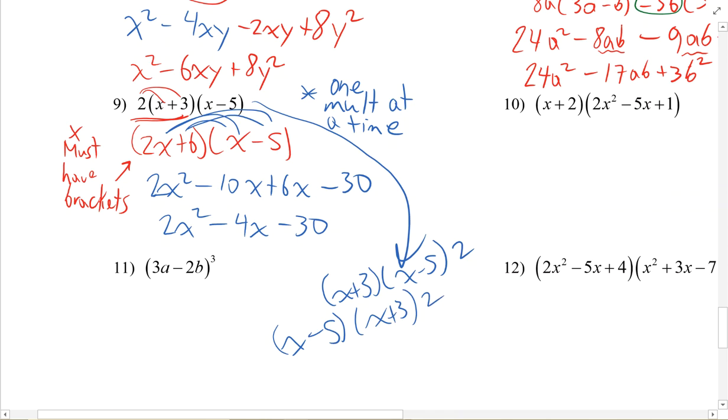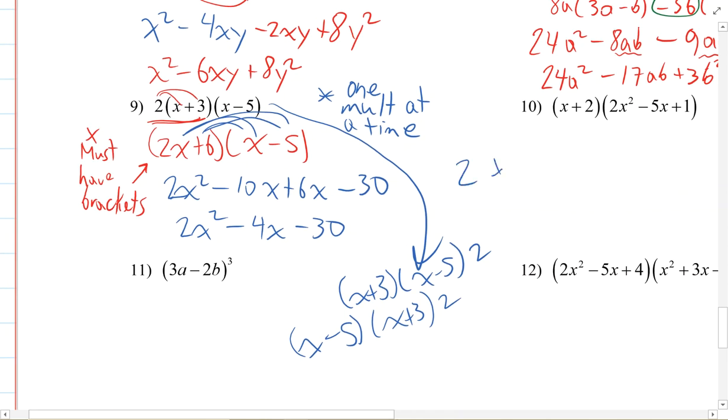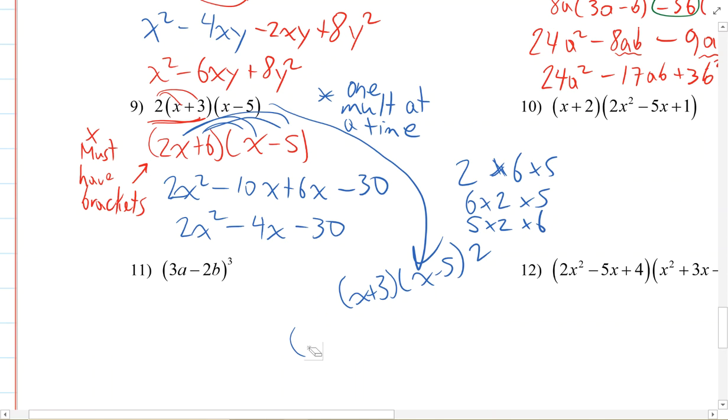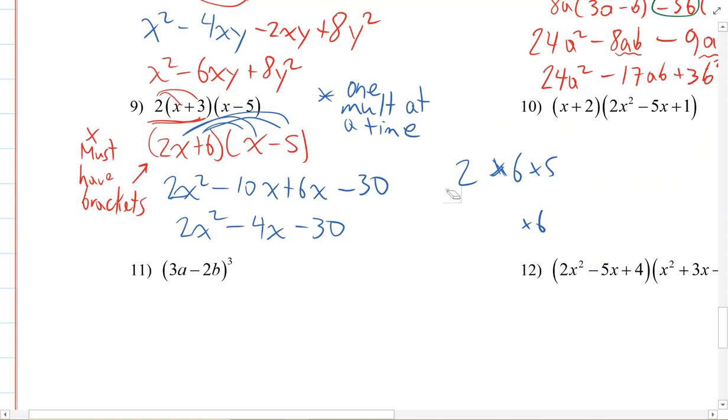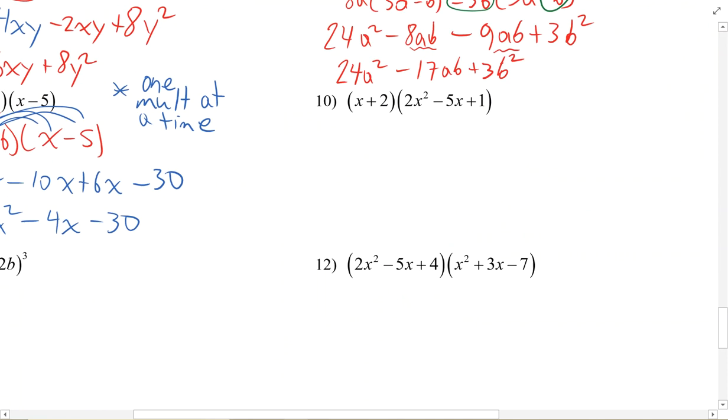So you can change it in any order. This is the difference between 2 times 6 times 5, right? Versus 6 times 2 times 5 versus 5 times 2 times 6. Okay, so they're going to give you the exact same answer. So if you want to, you can always rearrange questions when you're doing your work.